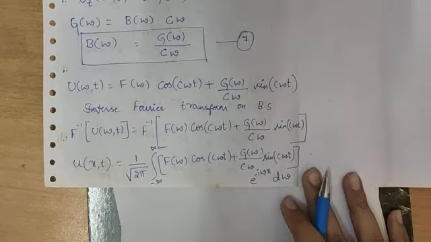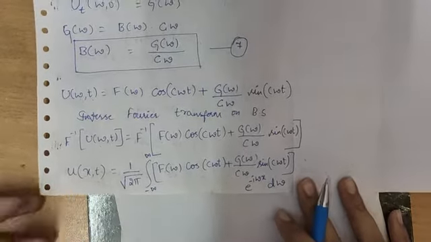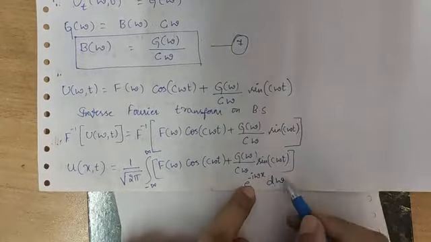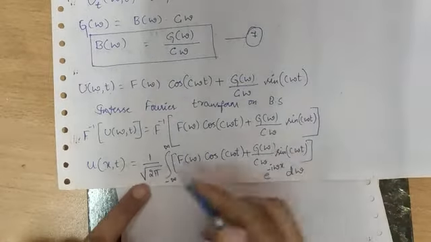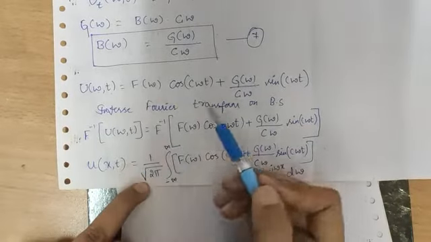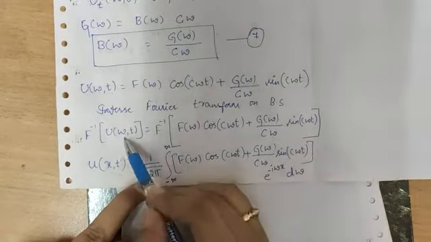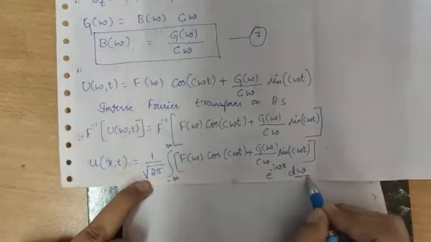This is the formula for the infinite Fourier transform. Here it is d omega because we are taking the inverse Fourier transform with respect to omega. So I have written omega here.